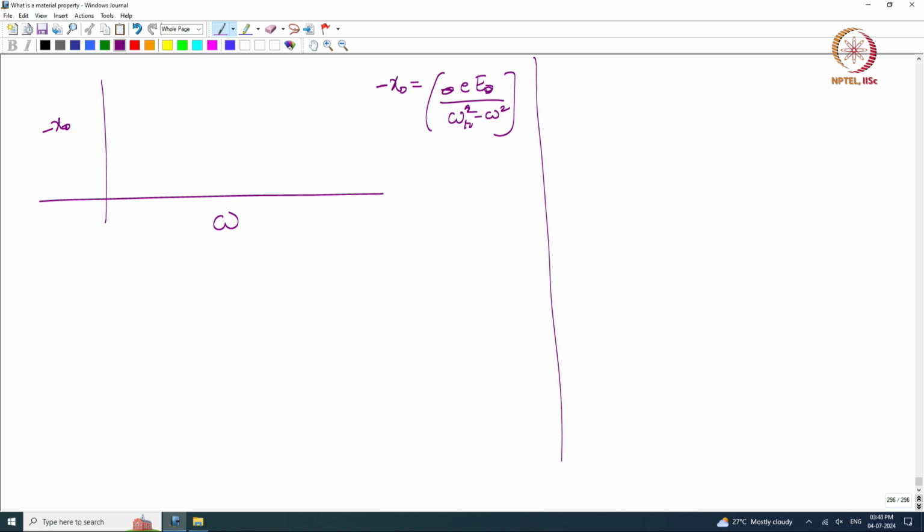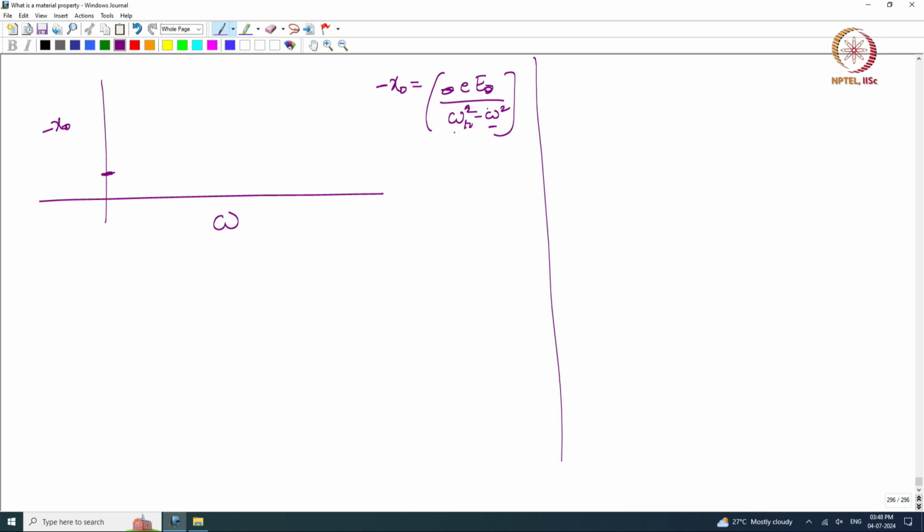Okay. At omega less than omega r, right. So, this is a positive quantity, correct, and so it will start at some quantity at omega equal to 0, right.